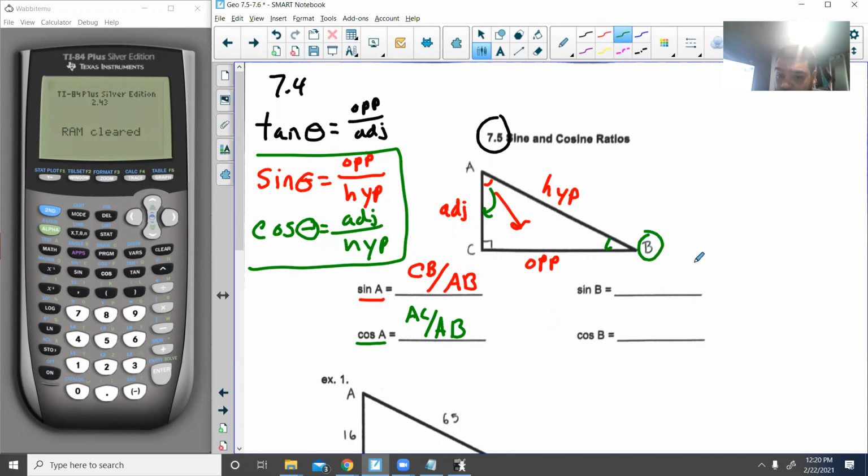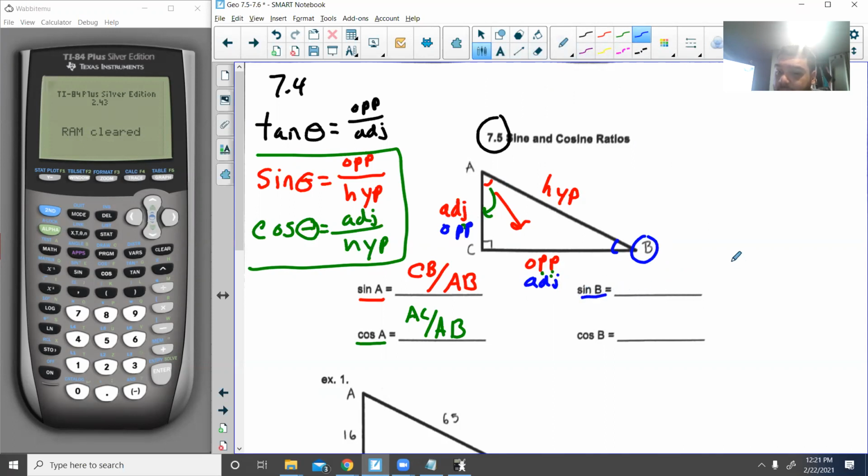Now let's talk about B. In B, this one's the opposite, and this one's the adjacent. I'll do it in blue to mix it up, so we don't get confused too much. This would be adjacent. This would be opposite.